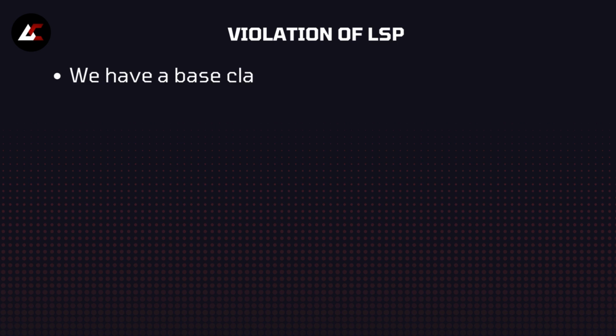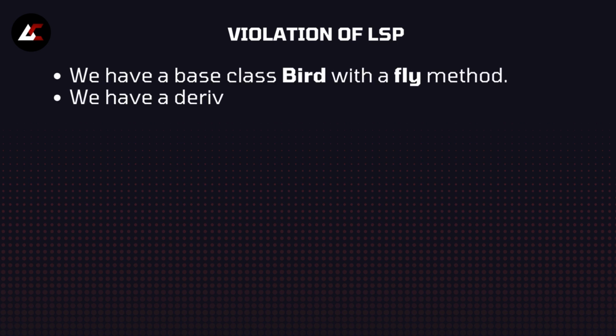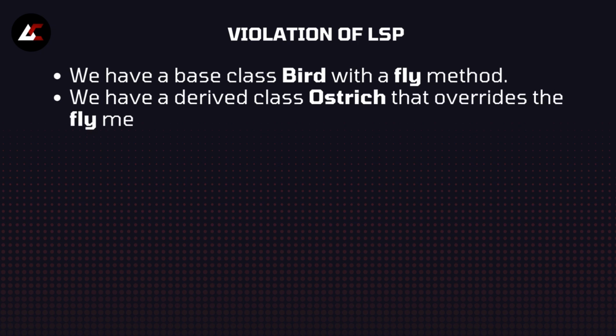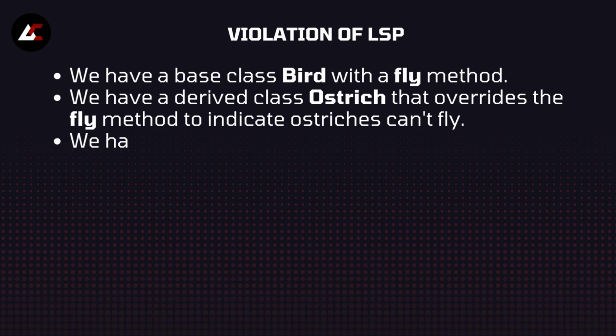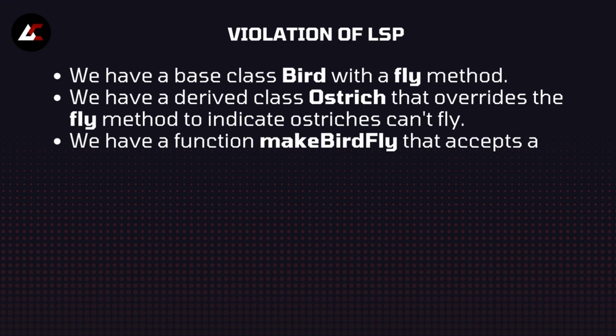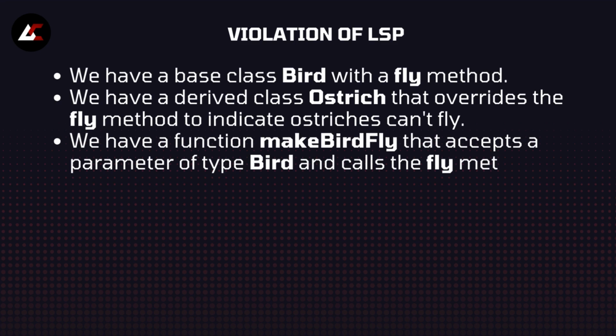So, violation of LSP: we have a base class Bird with a fly method. We have a derived class Ostrich that overrides the fly method to indicate an ostrich can't fly. We have a function makeBirdFly that accepts a parameter of type Bird and calls the fly method on it.